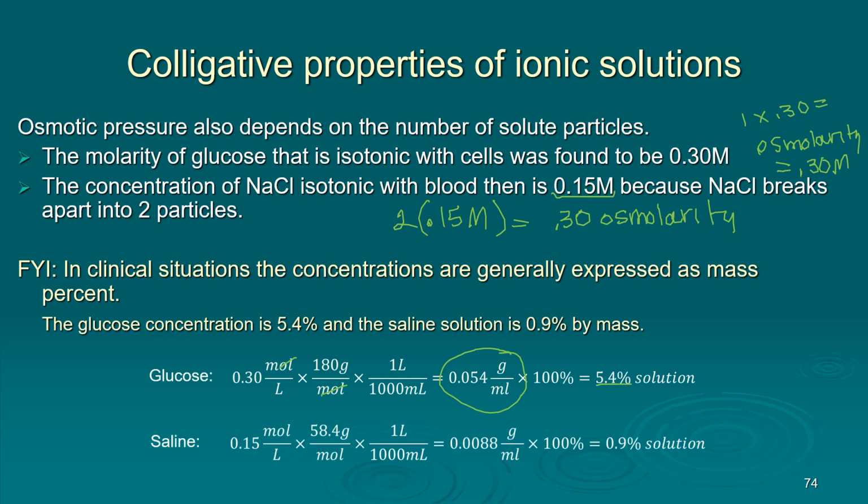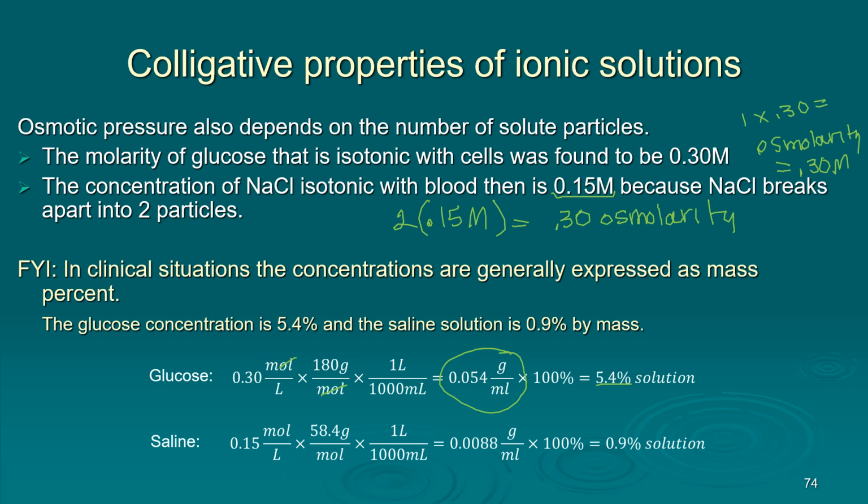For saline, since it should be 0.15 molar, and the molecular weight of saline is different, 58.4, and again we convert liters to milliliters, we have 0.0088 grams per milliliter, which is a 0.88% or 0.9% solution.